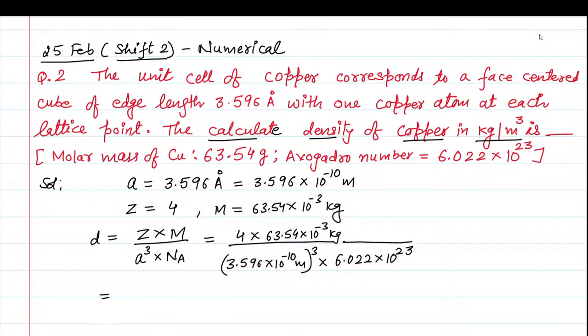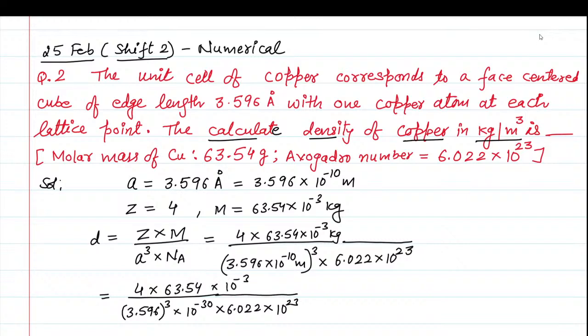That is in kilogram per meter cube. It is 4 into 63.54 divided by 3.596 raised to power 3 into 10 raised to power minus 30, 6.022 into 10 raised to power 23, 10 raised to power minus 3.